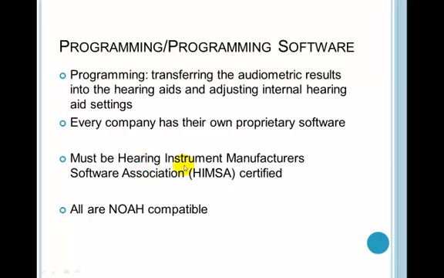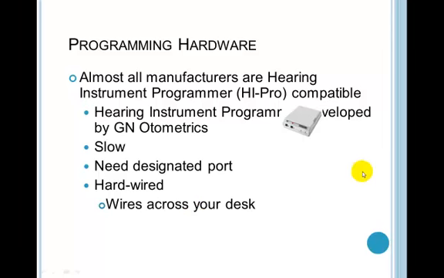They must be Hearing Instrument Manufacturer Software Association, HIMSA certified, to be able to market their software, and they're all NOAH compatible. So that is the program we use for hearing aid programming. There's two different things. We can do it wirelessly or hardlined or wired. This is kind of an older style. This is called a Hi-Pro box.